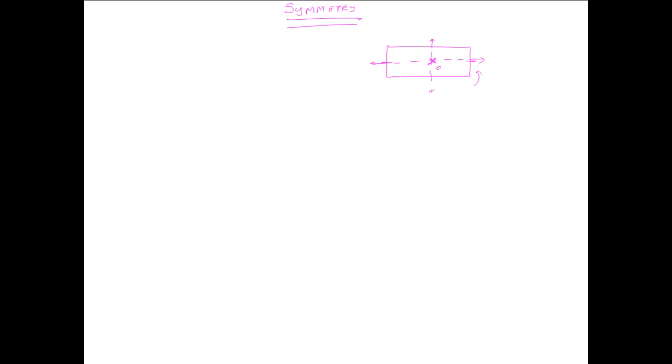Now, children, question says, using ruler and compass only, construct a parallelogram ABCD such that BC equal to 4 centimeters, diagonal AC is 8.6 centimeters, diagonal BD is 4.4 centimeters. So let's write that down as a question.